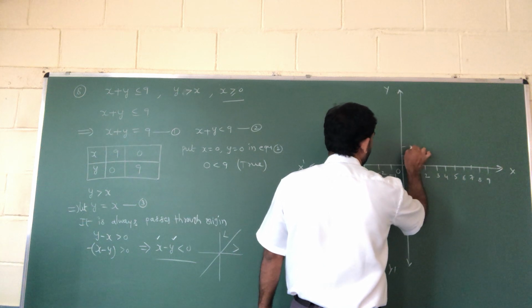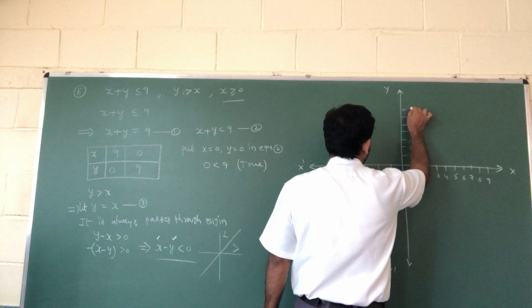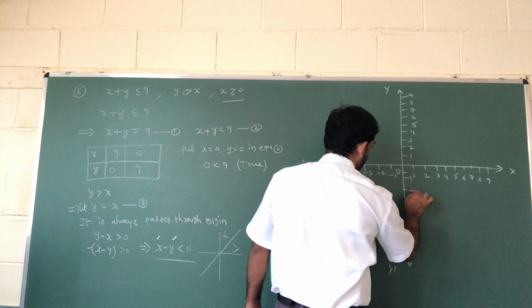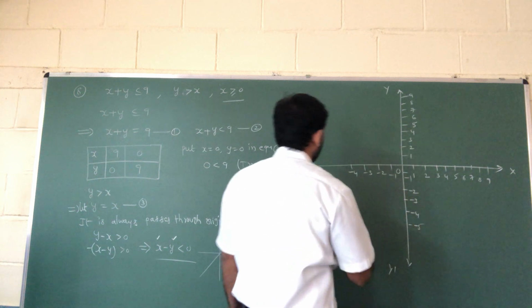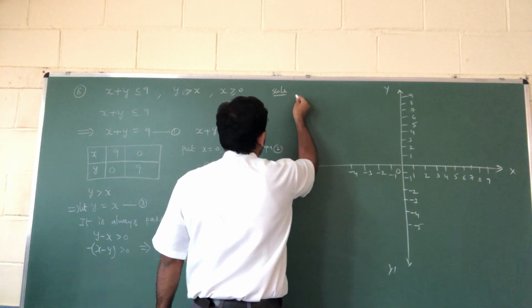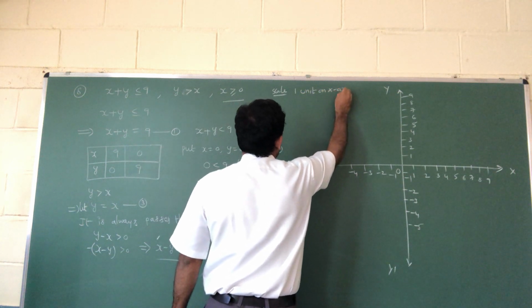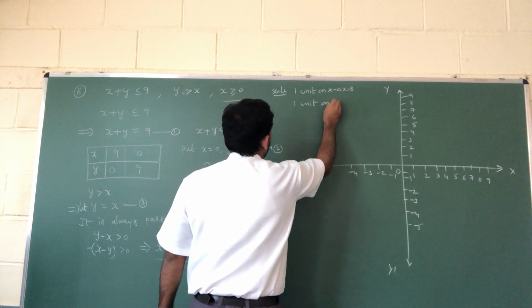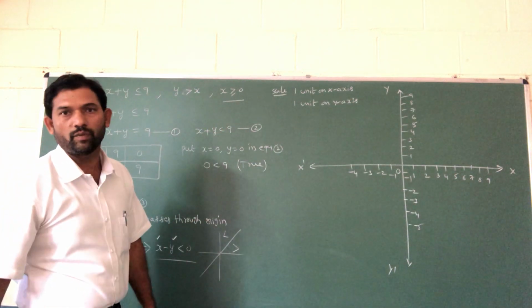So 1, 2, 3, 4, 5, 6, 7, 8, 9. Next, minus 1, minus 2, minus 3, minus 4. Now, scale: 1 unit on x-axis, 1 unit on y-axis.